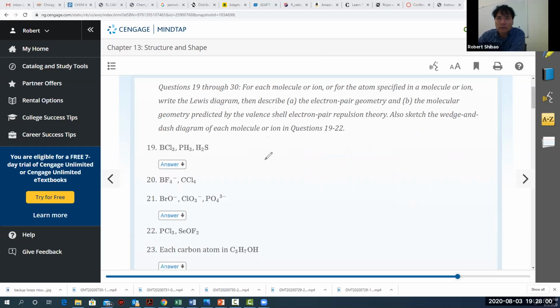All right, so looking at the structure here, let's see what the shape is going to be. If we have three groups, a single bond, a single bond, and a single bond, then the way we want to spread things out is in a trigonal planar arrangement. That is, put the three single bonds as far apart from each other as possible.